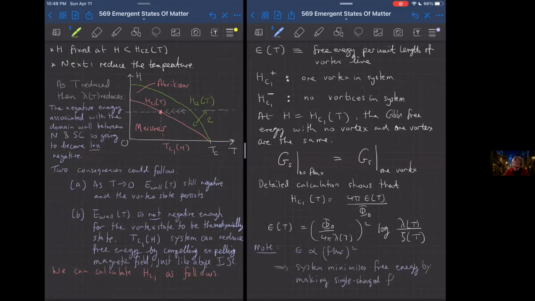When I say singly charged, I mean with number n equal to 1, the lowest possible value that you would have for the topological charge, not multiples of the fluxoid quantum.